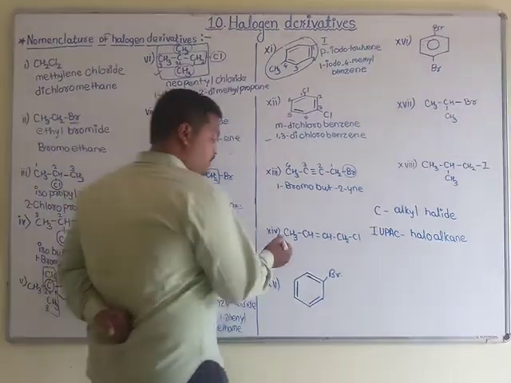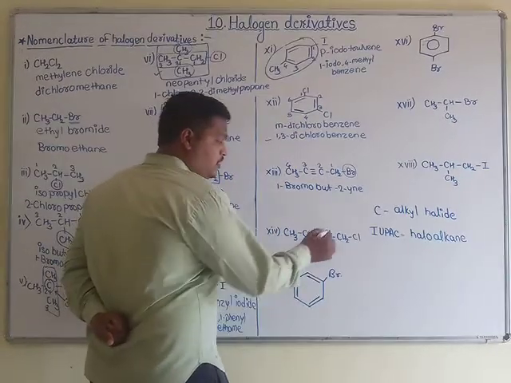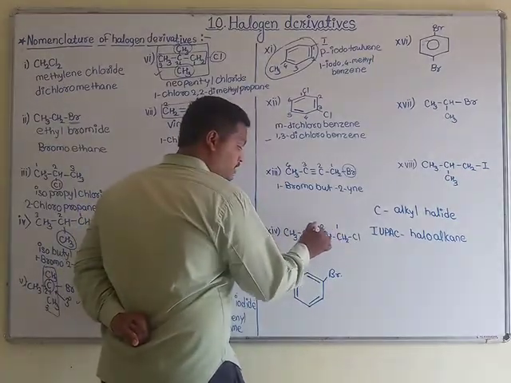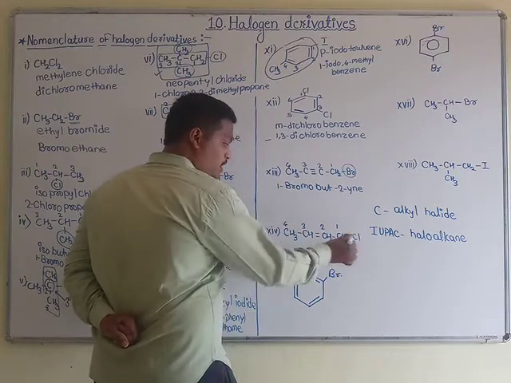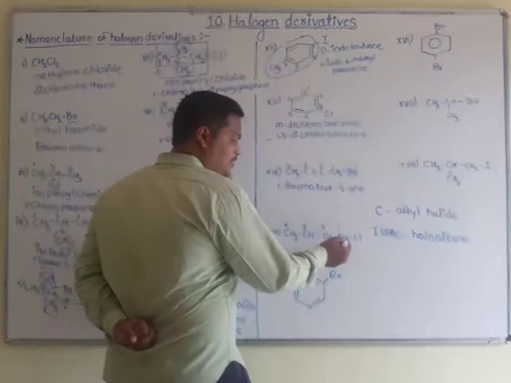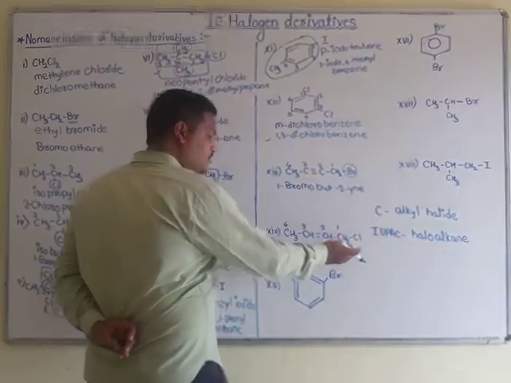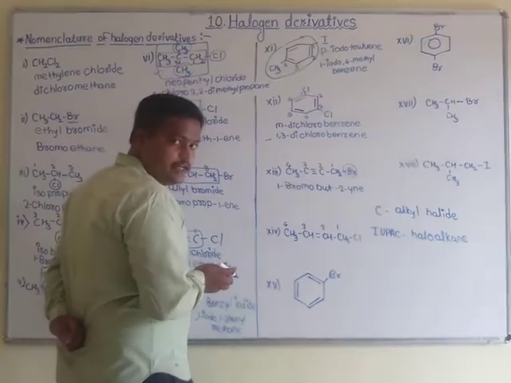What is the IUPAC name for the next compound? To give the IUPAC name to this compound, numbering starts again from right to left, because the halogen is present on the right side. To get a lower number for the halogen-containing carbon, we start numbering from right to left.